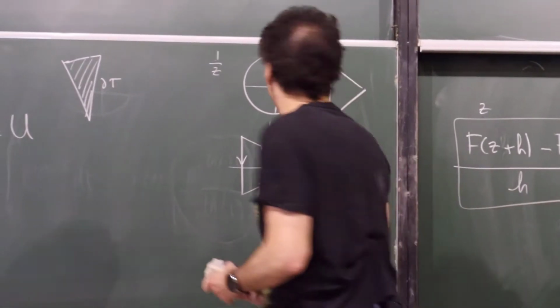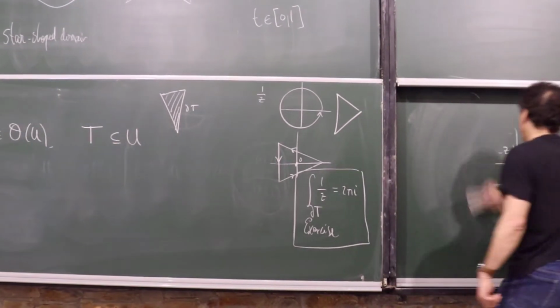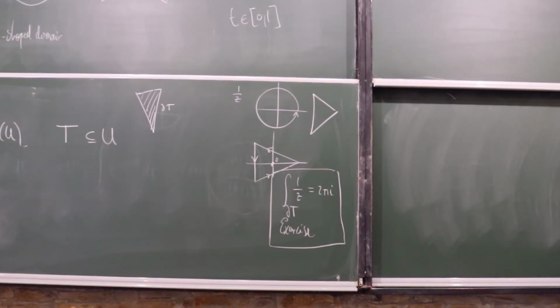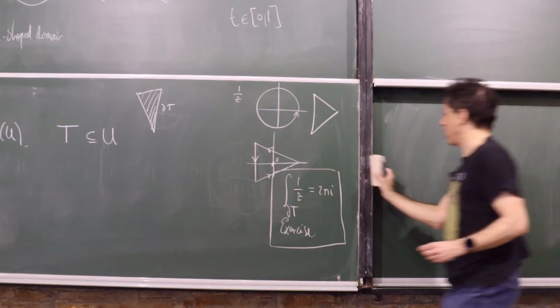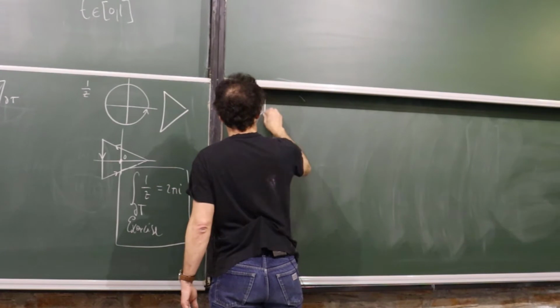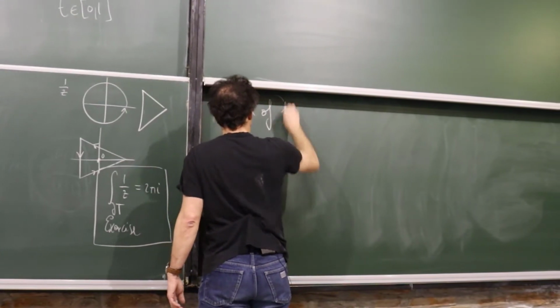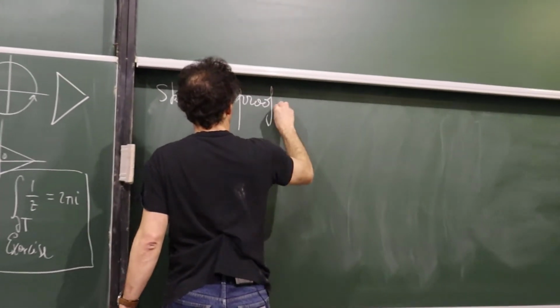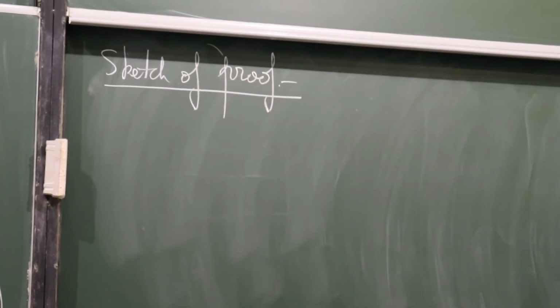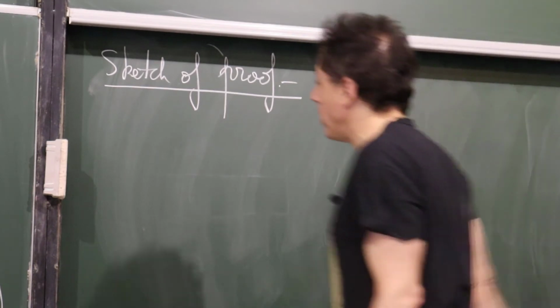Now, a sketch of proof of Goursat's theorem. I'm not going to give a complete proof, but at least a sketch of proof. Okay? So, what is the main idea?